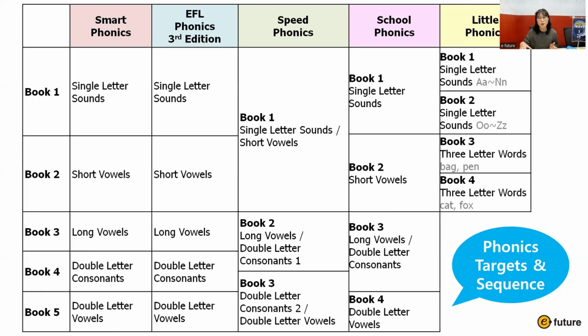You can change it to other books. There's no problem changing it around. When you finish Speed Phonics book 1, you can move on to School Phonics book 3 or EFL Phonics book 3. Because it's very systematic, you can do that.